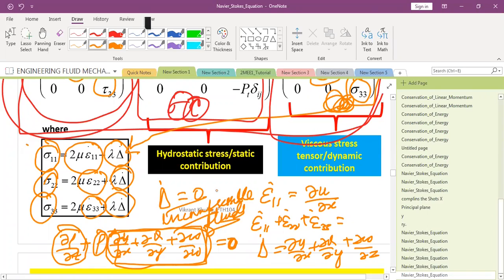And that is clear from common sense also. The fluid element will not change its volume if it is incompressible. That is as simple as that. So volumetric strain rate is equal to 0 for incompressible fluids. Is that clear?